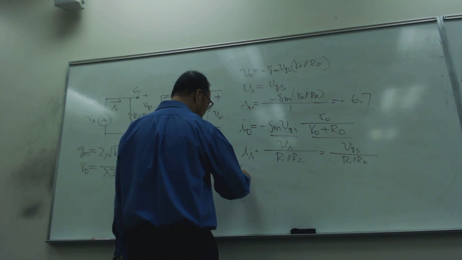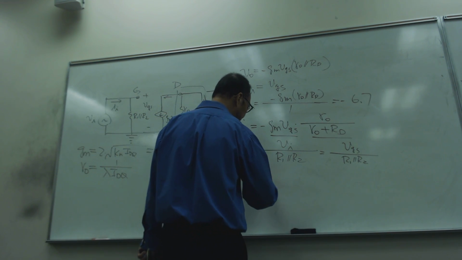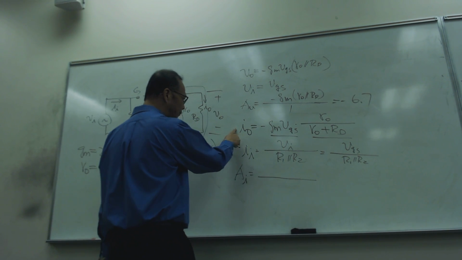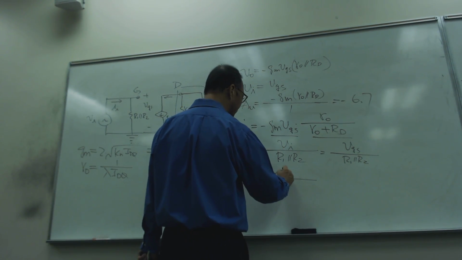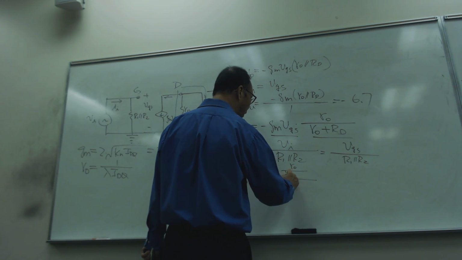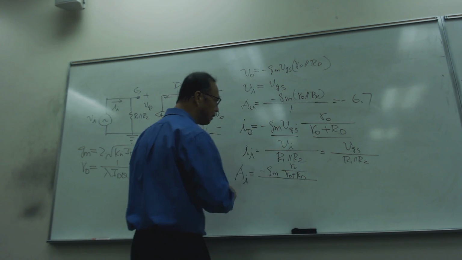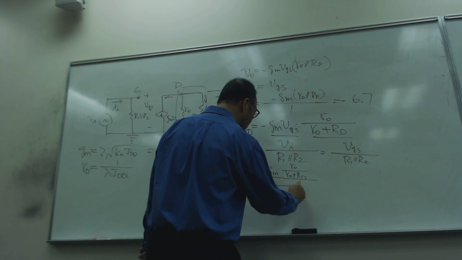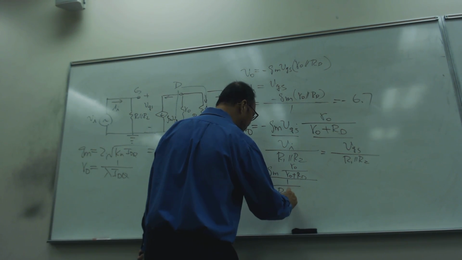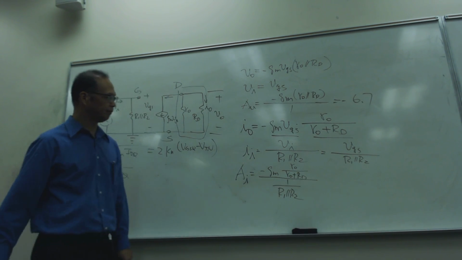So therefore, A sub I is equal to, this is on top, right? It's on the bottom. So it's minus GM RO plus RB, and then on the bottom, 1 over R1 in parallel with R2. Yes?